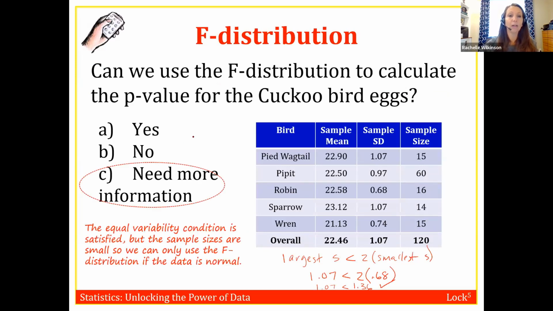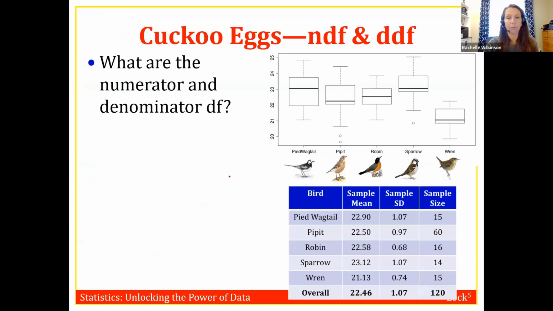Okay, so overall, we met the variability requirement, but the sample sizes were small and we weren't sure about the sparrow being normal, so we're a little iffy on whether we meet the conditions overall. But we'll go ahead and do the analysis of variance anyway, so you can see what it looks like.